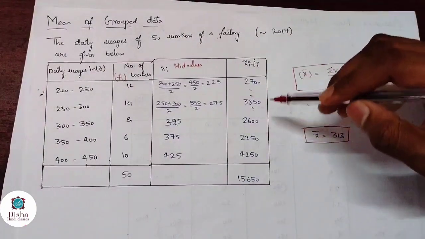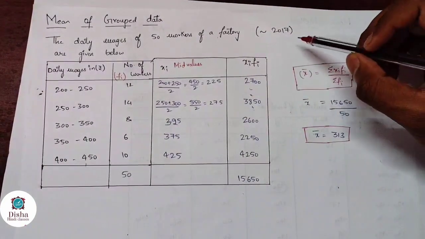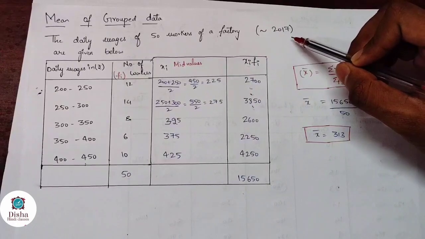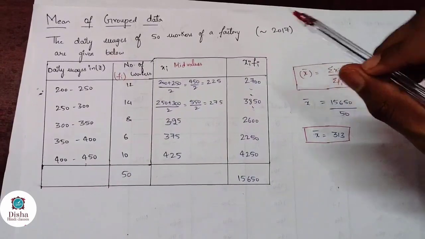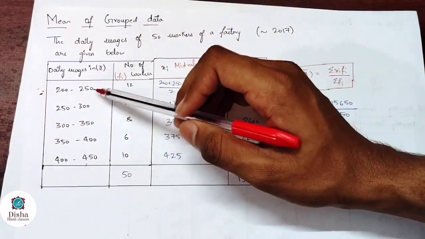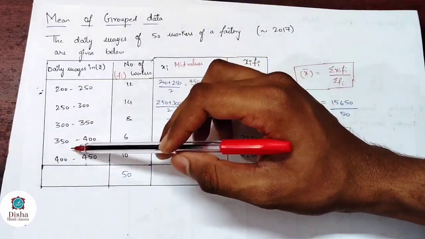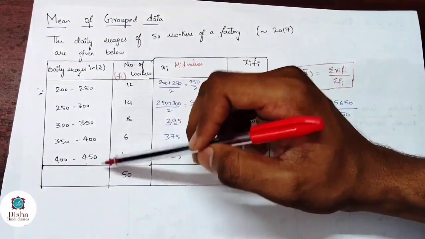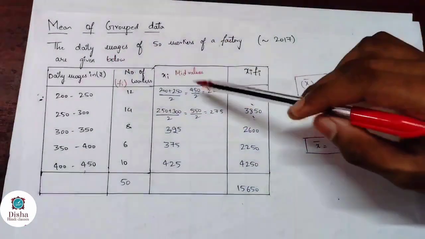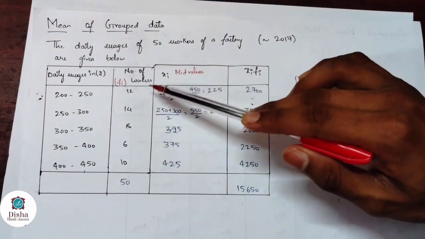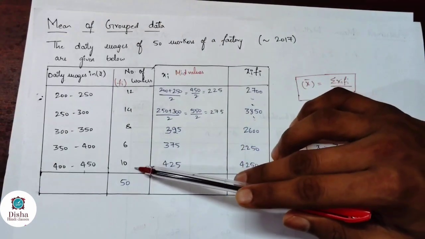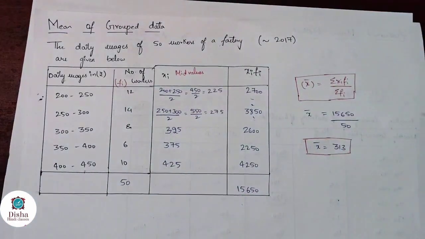Now we should find the mean wage of each worker. This is a question from the 2017 paper. Here we have daily wages of 200 to 250, 250 to 300, 300 to 350, 350 to 400, 400 to 500. And here we have the number of workers, that is the frequency: 12, 14, 8, 6 and 10.